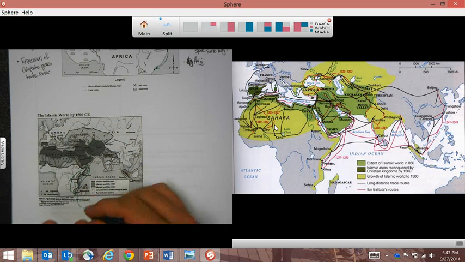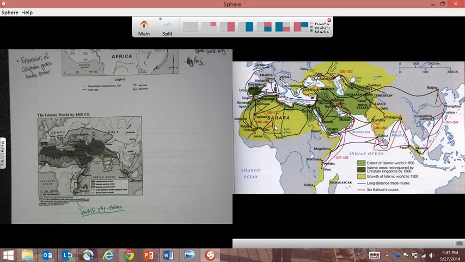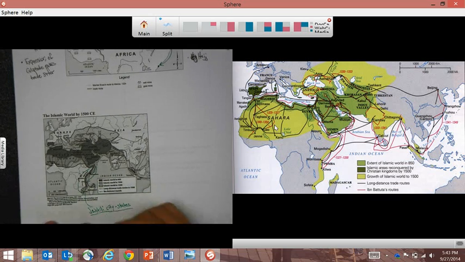So, these Swahili city-states expand because it's a meeting ground, or a meeting point, between the Trans-Saharan and the Indian Ocean routes.